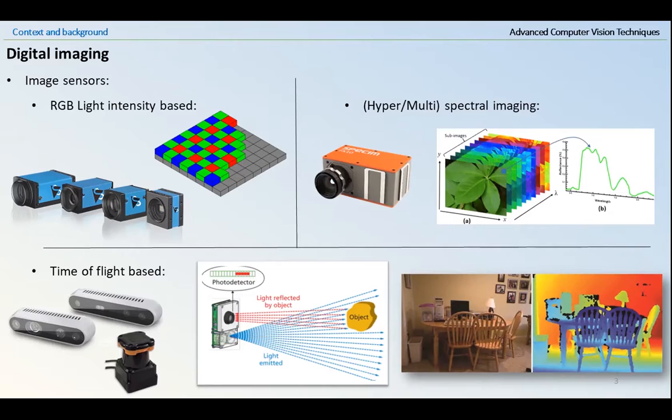interesting sensors are time of flight based sensors. They basically emit invisible light, usually IR, and they compute the time difference between emitting that light and when it returns back to the sensor. Then they can compute the distance from the sensor to an object.